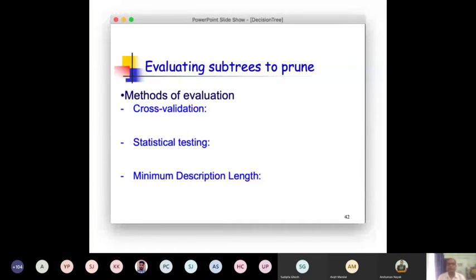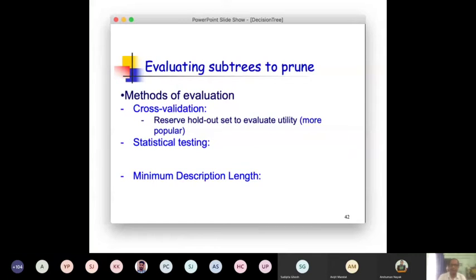So there are different methods for evaluating subtrees to prune. You can have cross-validation, statistical testing, or minimum description length. In cross-validation, we discussed that there are different ways you can do it.